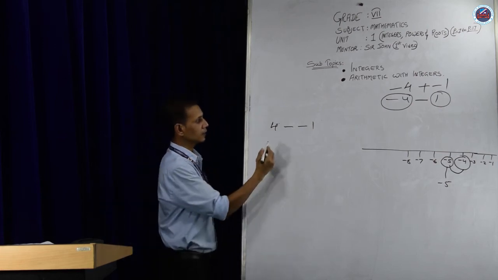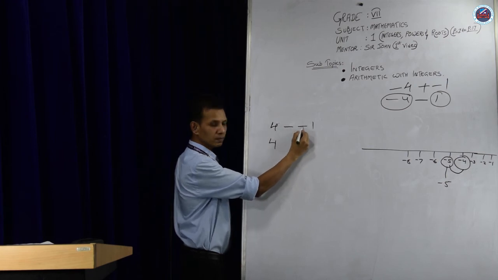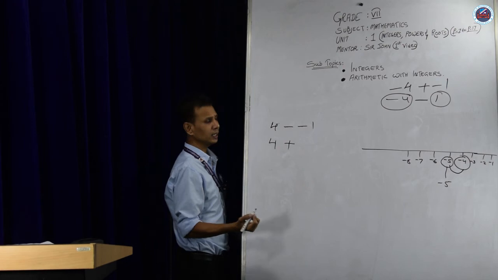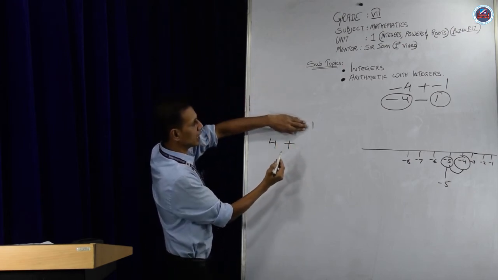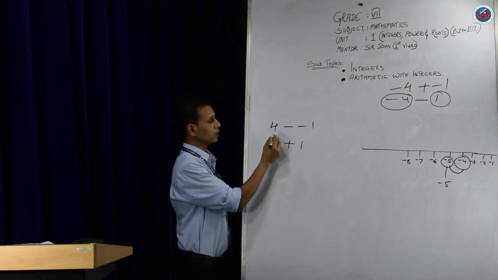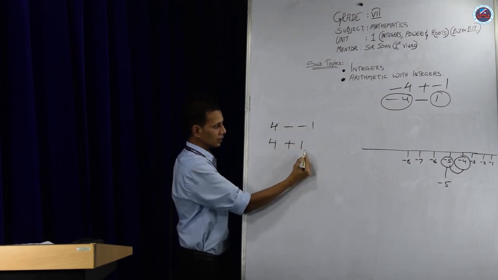Can you see here? 4, bring down. Minus, plus, done. Minus is already done. 1, bring down. Done. 4, minus, plus 1, both done.